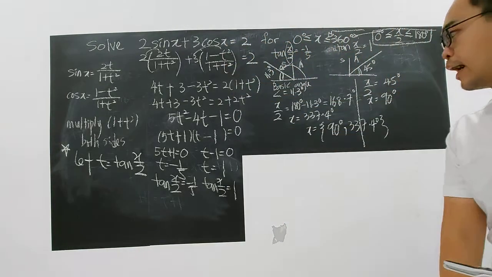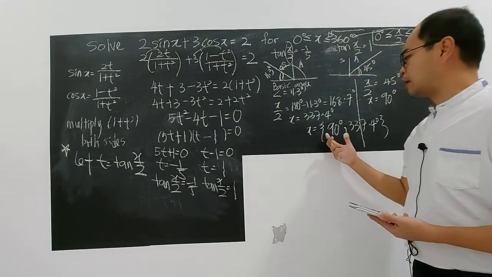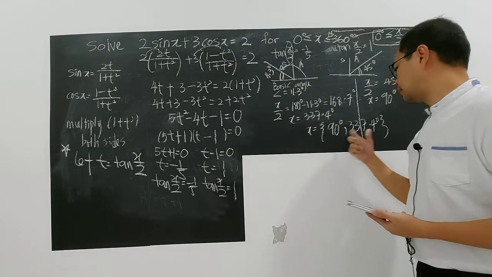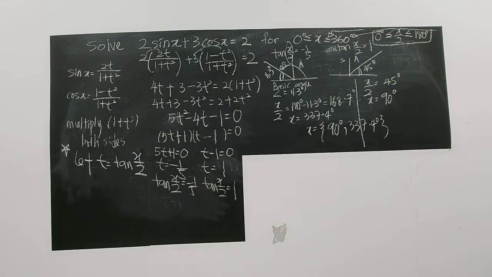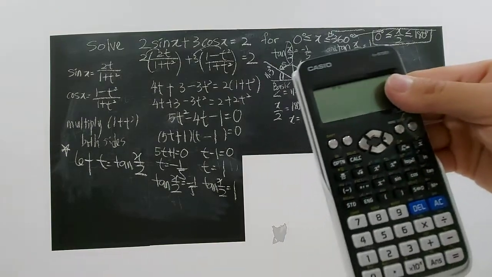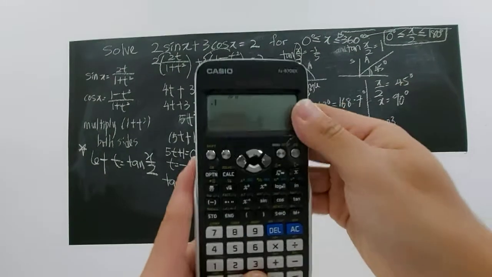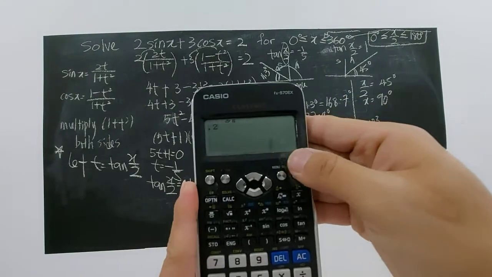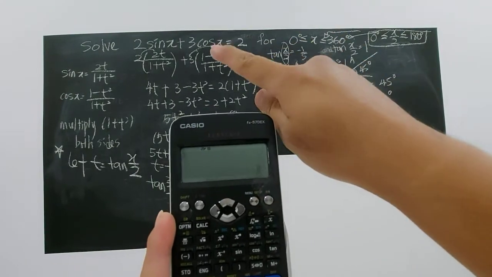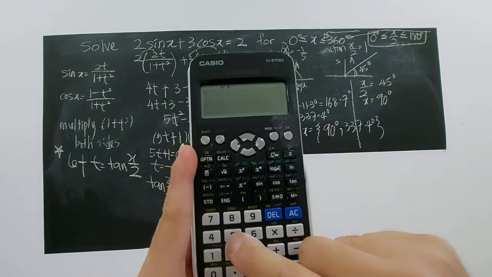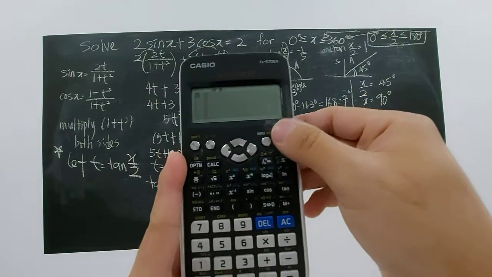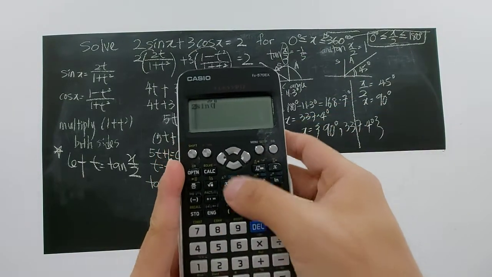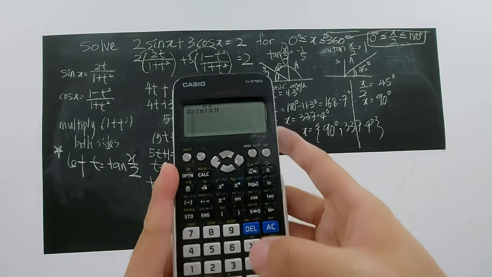So I can actually teach you how to check whether your answer is correct or not, for 90 or 337.4 degrees. Very simple, you just use a calculator. If you have free time, you can try and explore. You can key in the equation here: 2 sine x, 3 cos x.